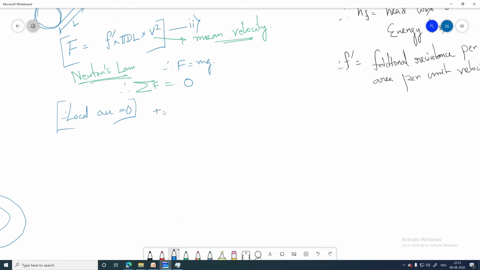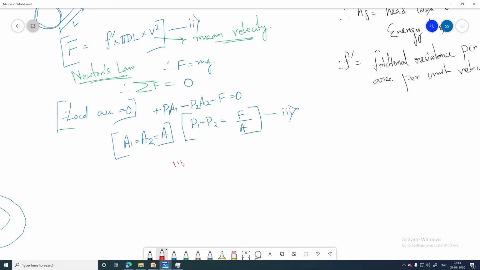We can write P1 A1 minus P2 A2 minus F equals 0, as the summation of all the forces is 0. From here, as A1 equals A2, consider this A1 equals A2 equals A. So we can write P1 minus P2 equals F by A. Consider this equation number 3.